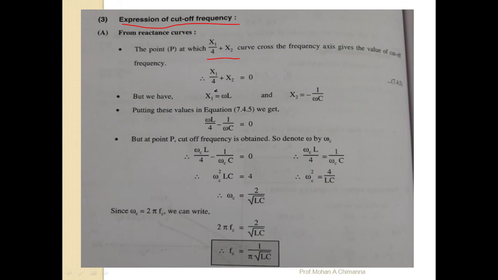So x1 by 4 plus x2 is equal to 0, where x1 is equal to omega L, and x2 is equal to 1 upon omega C minus 1 upon omega C. We substitute the values of x1 and x2 in the previous equation, x1 by 4 plus x2.